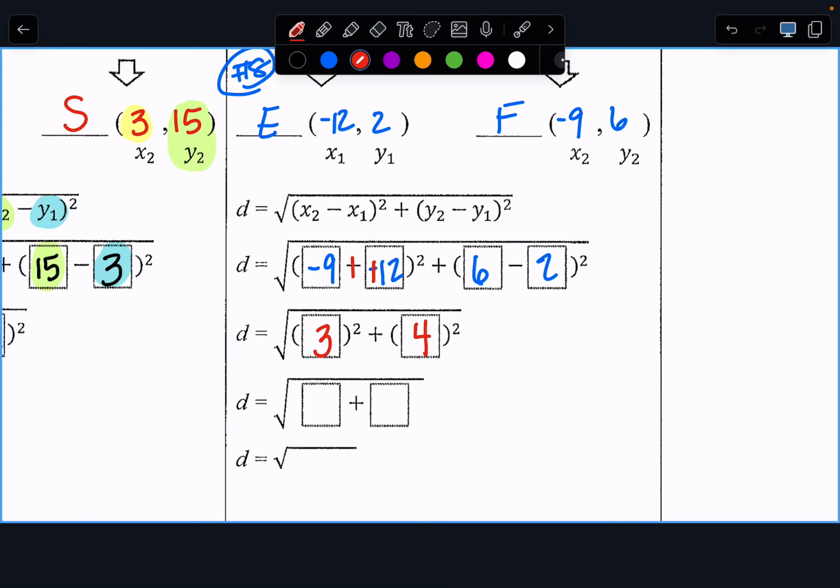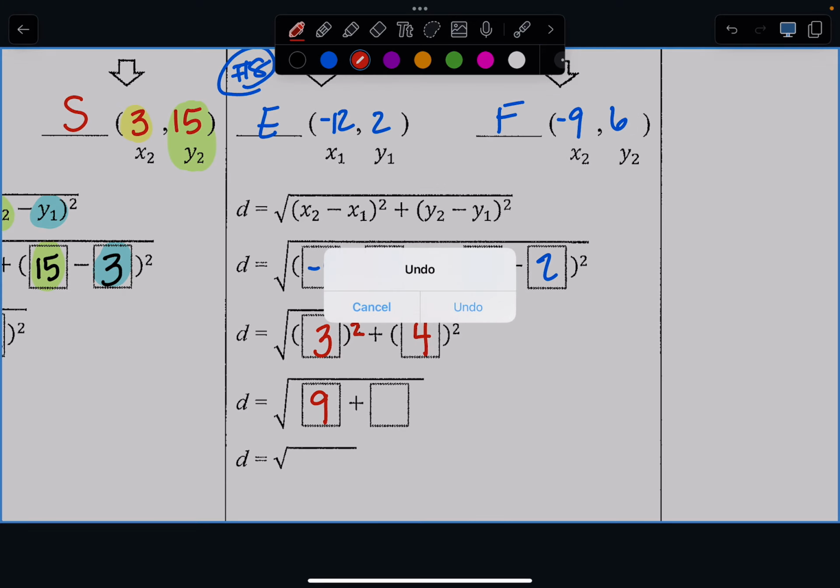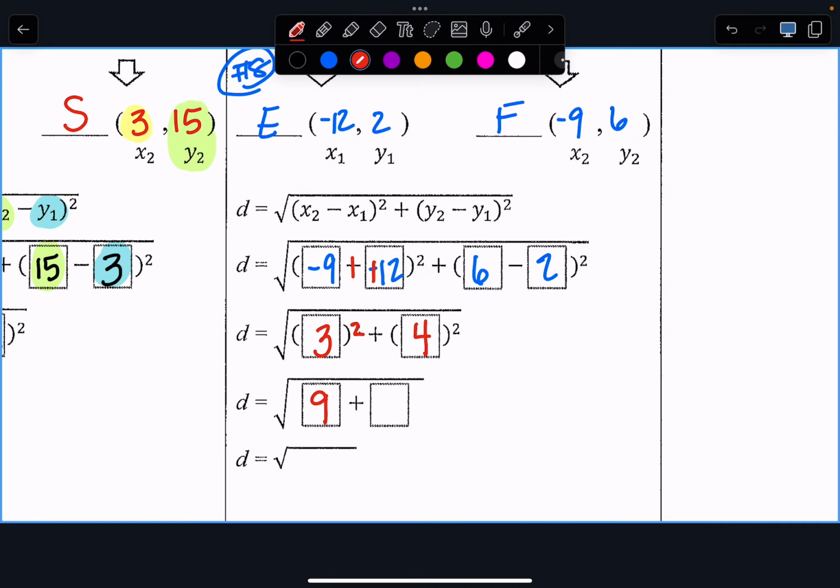Okay. Now, whether this is a 3 or a negative 3, when you square a negative number, it's going to become positive. Now, I have a positive 3. I'm just saying, if it's a negative 3, it wouldn't matter because it's still going to be a positive 9. 4 squared, 16.